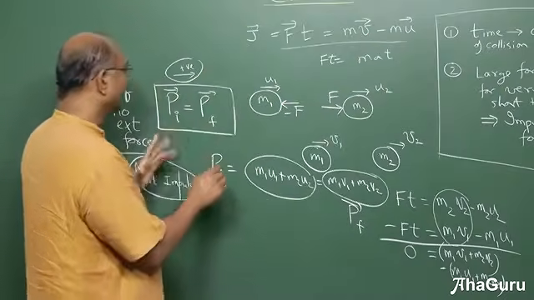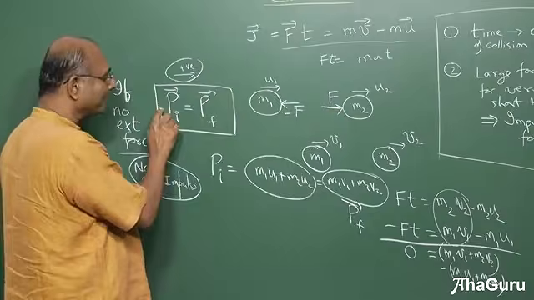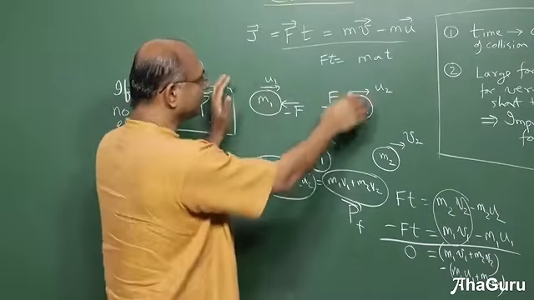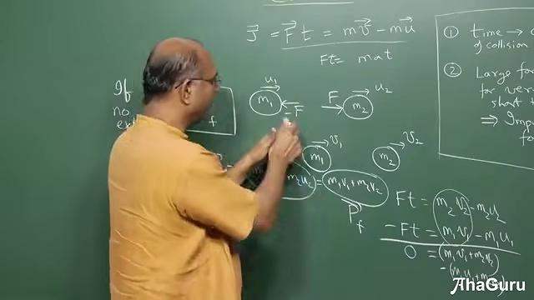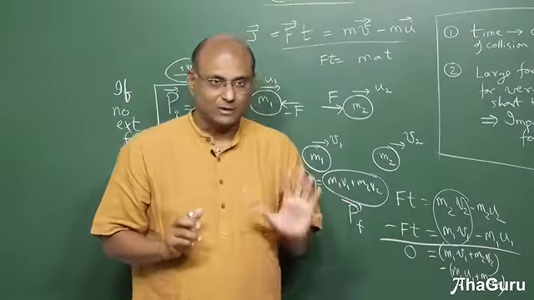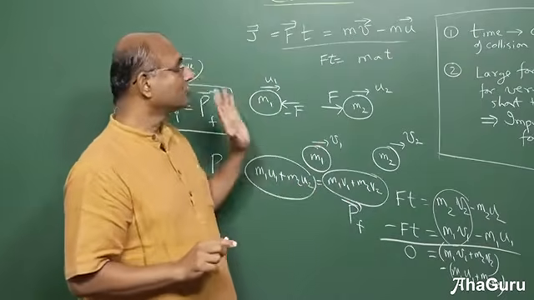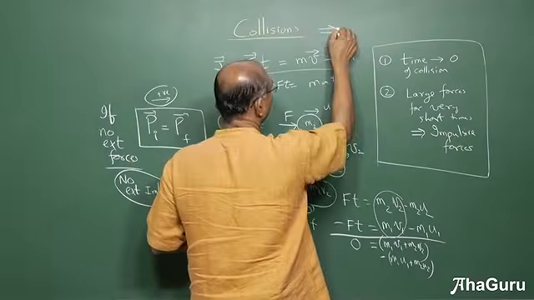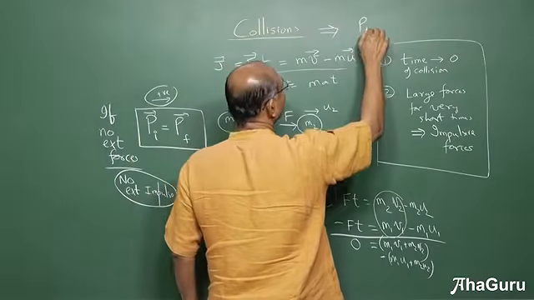Okay, so anyway, the most important point is that initial momentum is equal to final momentum. So before the collision happens, find the total momentum. After the collision happens, find the total momentum. They should be equal. So I hope that is clear. So the most important thing for collision, the most important rule is momentum conservation.